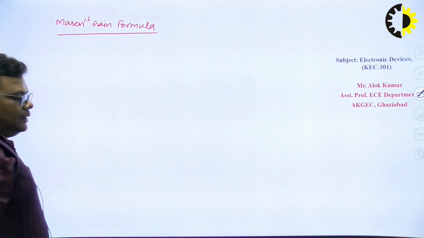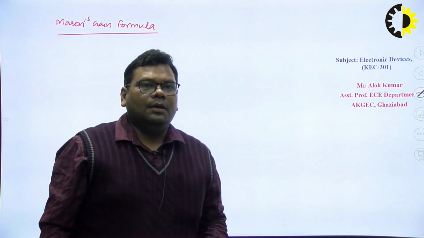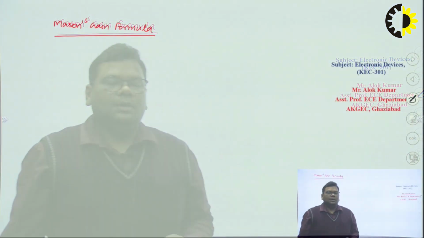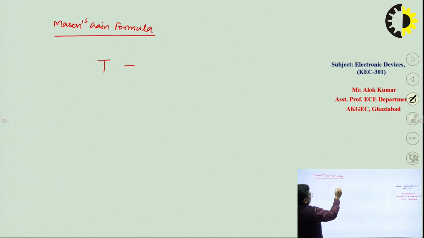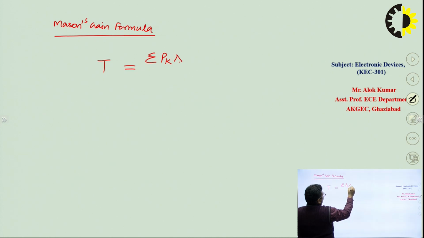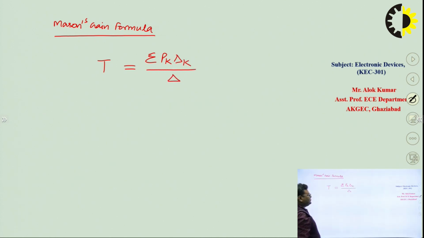Basically, in control system, when we try to find out the transfer function of a complex system, then we have to use the Mason gain formula. According to this, we can write T, which represents the transfer function, is equal to the summation of Pk delta k divided by delta.